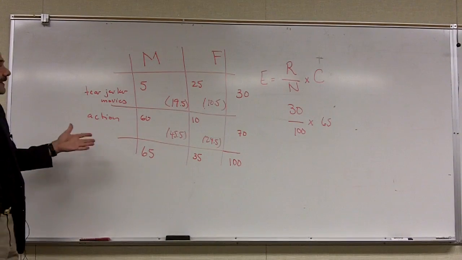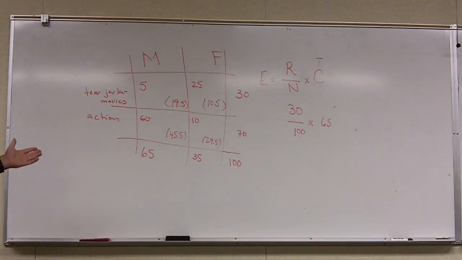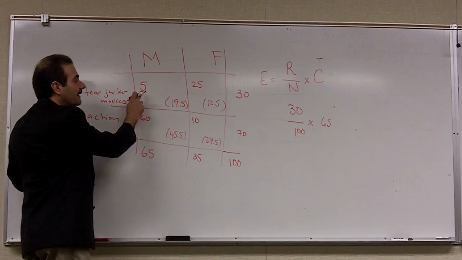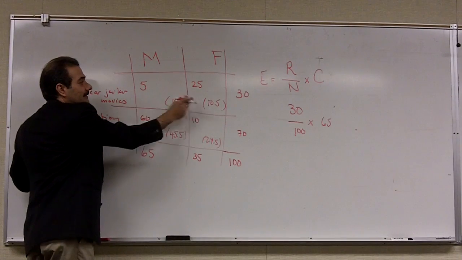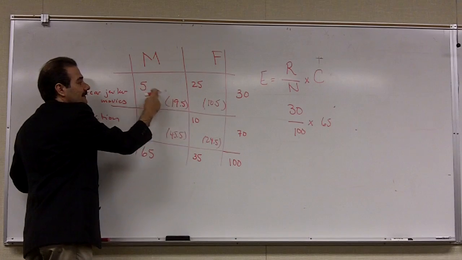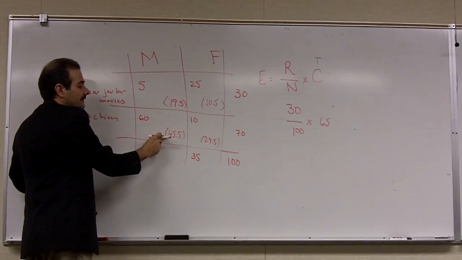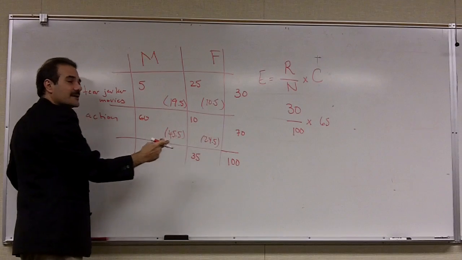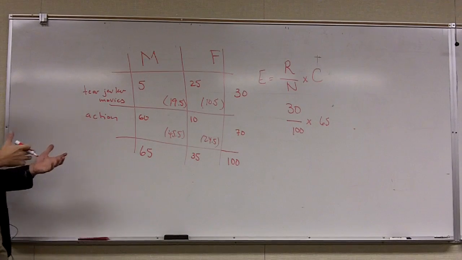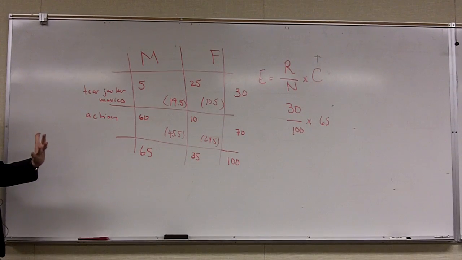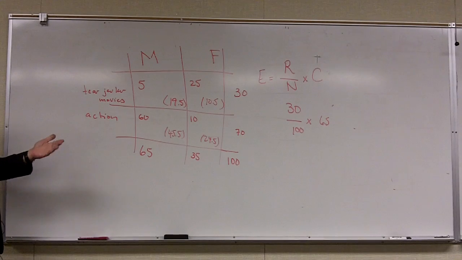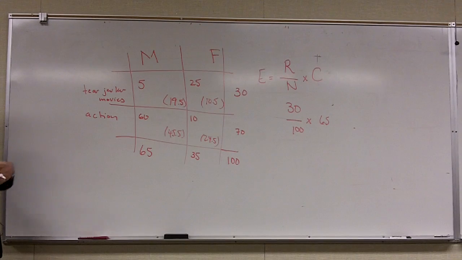And now if you just look at it, you don't even have to calculate chi-square. You can see how discrepant they are. This is hugely discrepant. This is approximately 15 points, this is approximately 15, and this is 15 points. And if you square those 15s, you're going to get big numbers, right? Even though you divide them by 19 and 45, you still get big numbers, which is a big chi-square.